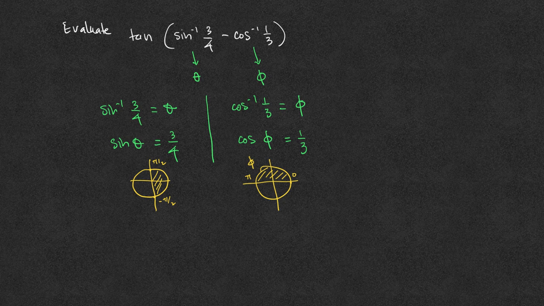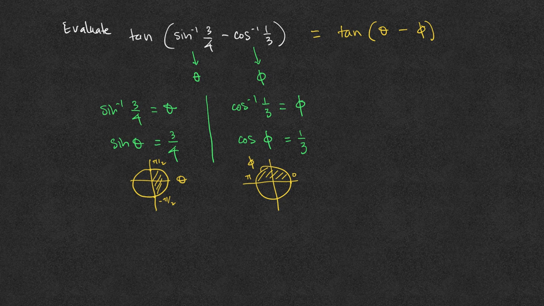Up to this point, we rewrite this so that the first inverse is theta and the second inverse is phi. It suffices to evaluate tangent of theta minus phi. If we can evaluate tangent of theta minus phi, then we are done.